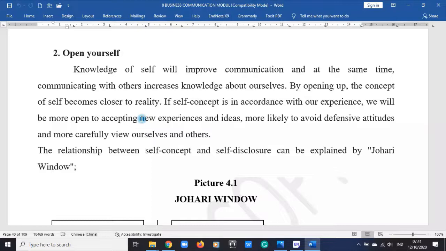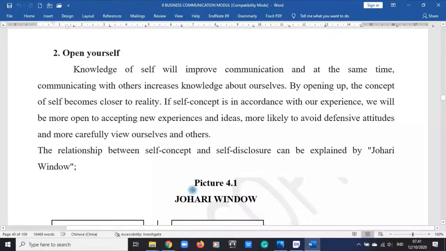That's why it will make us more likely to avoid a defensive attitude, and to view ourselves and others more carefully.